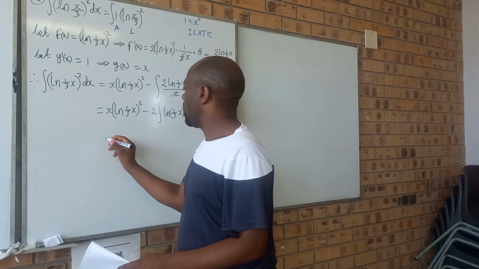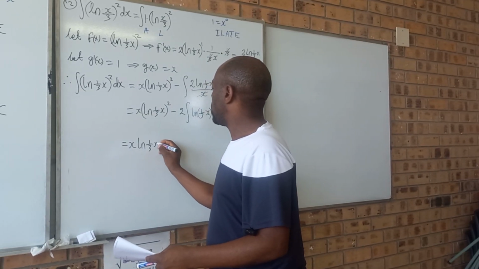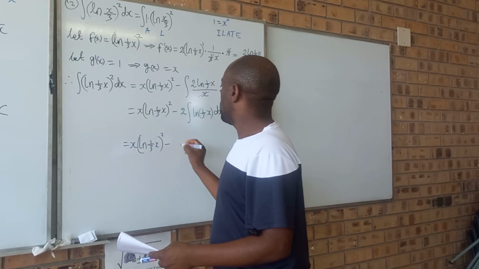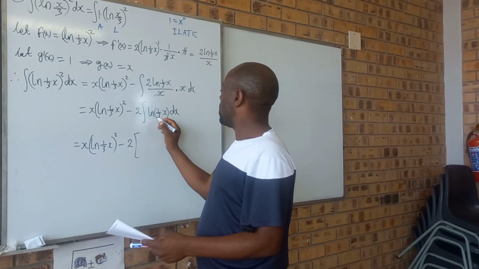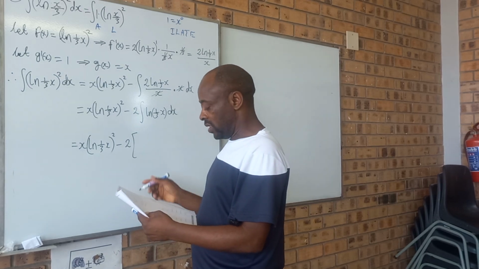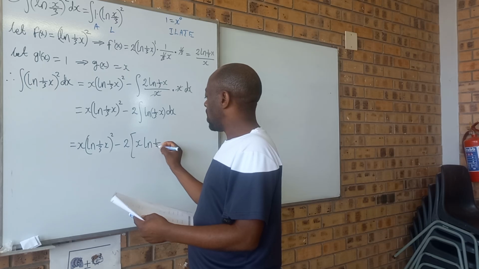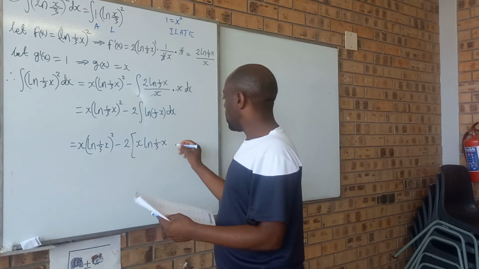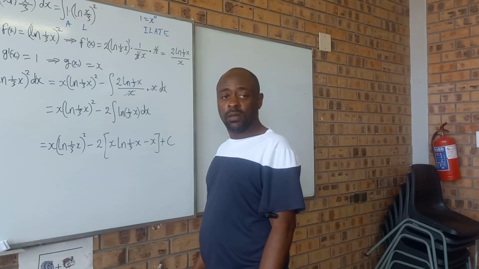Minus 2 in bracket, to integrate ln ax, my formula sheet says I must write x ln ax. My a is 1/3, then minus x, then plus c, and I'm done.